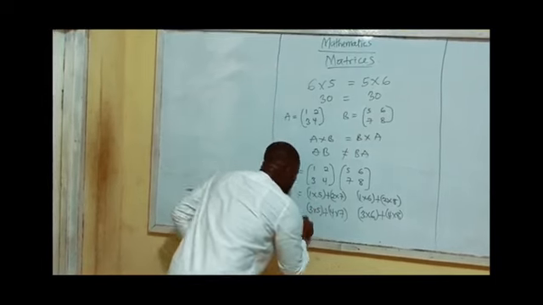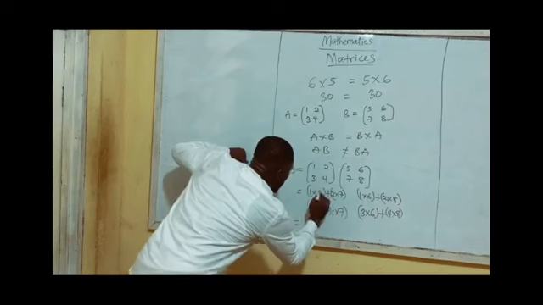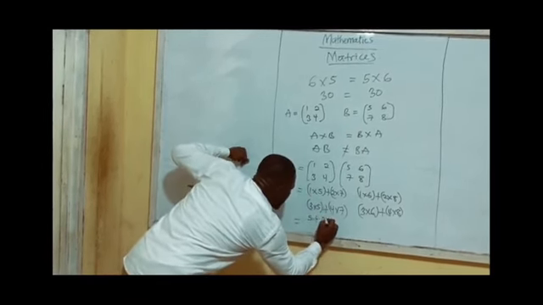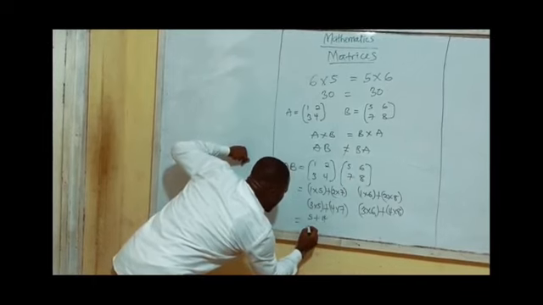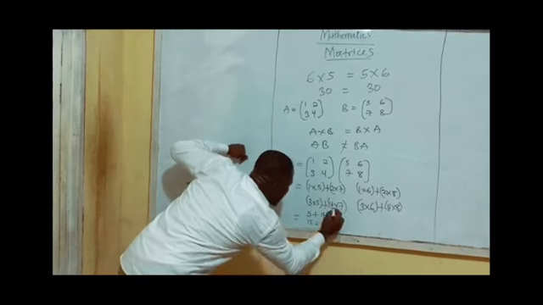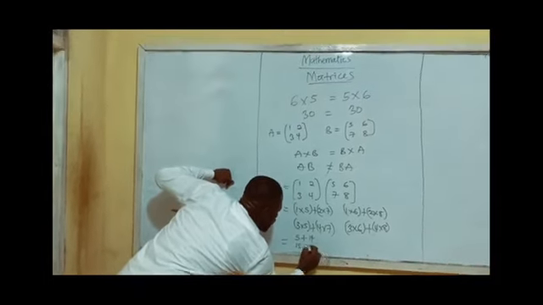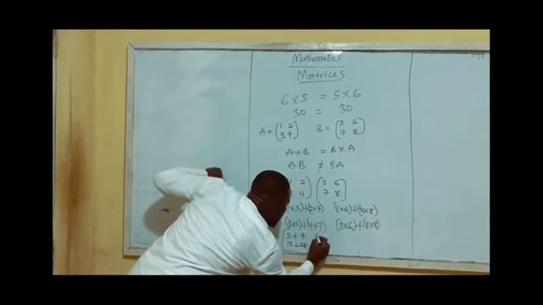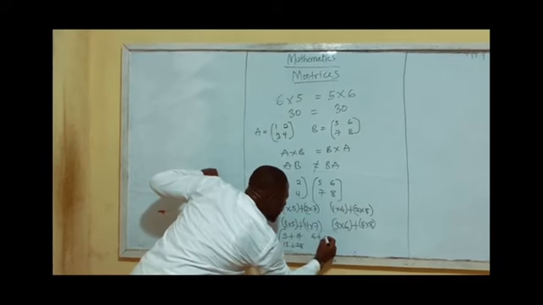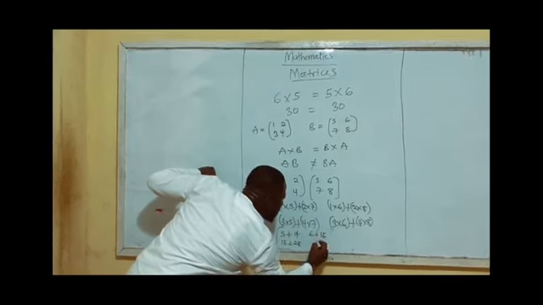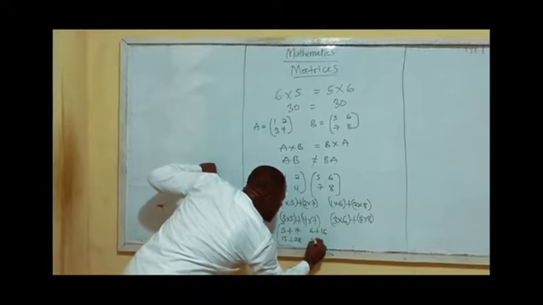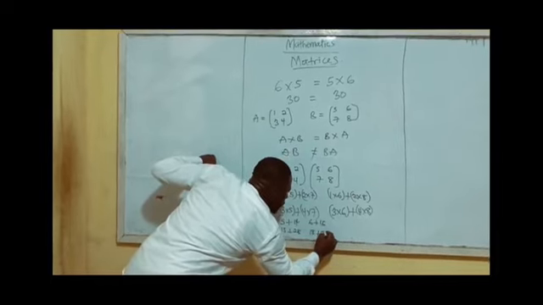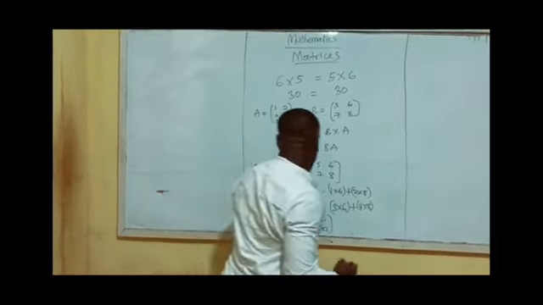In all, 1 multiplied by 5 gives 5, plus 2 multiplied by 7 gives 14; 3 multiplied by 5 is 15, plus 4 multiplied by 7 is 28. Then 1 multiplied by 6 is 6, plus 2 multiplied by 8 is 16; 3 multiplied by 6 is 18, and 4 multiplied by 8 gives 32.